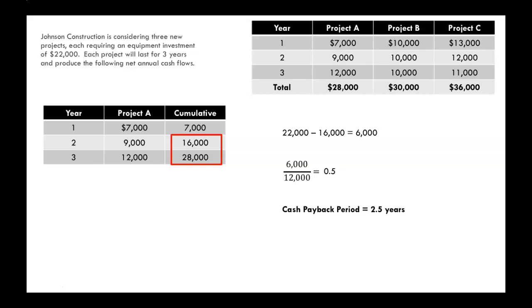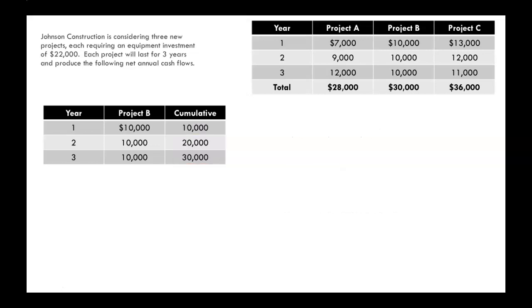So now we can do this for Project B and C as well. For Project B, we're making $10,000 every year. We can see that $22,000 is once again going to happen at some point between the end of year 2 and the end of year 3. So we take $22,000, the cost, and subtract out the $20,000 that we had made through the 2nd year, and we see that we need to make $2,000 in year 3 to get our money back.